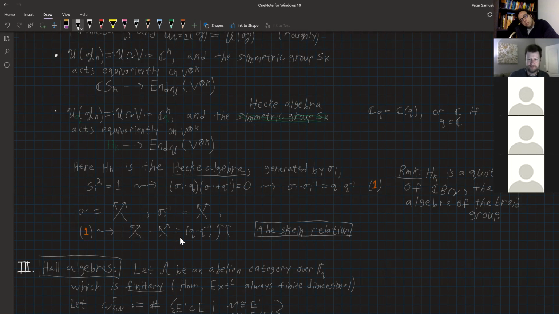Another way of thinking of this is that it's a linear relation satisfied by the R-matrix for U_q(gl_n). These braid generators of the braid group correspond to R-matrices. So you could also write this as R minus R inverse equals Q minus Q inverse times the identity.